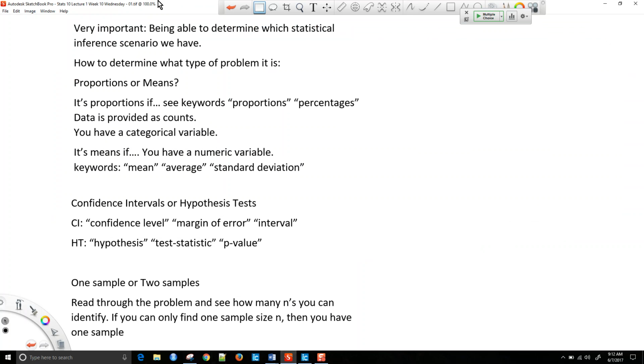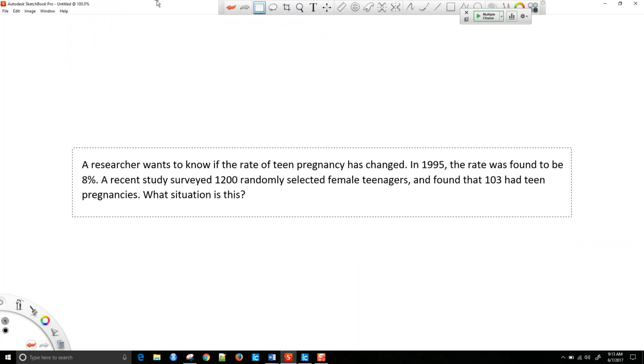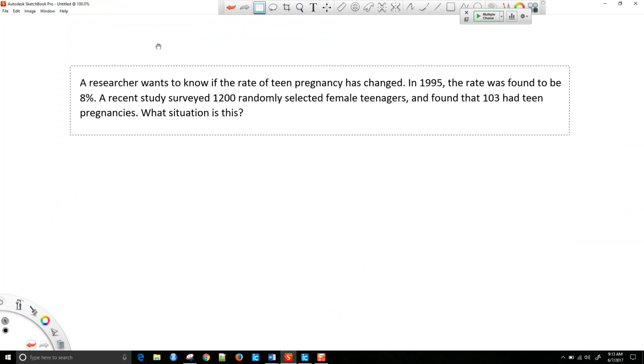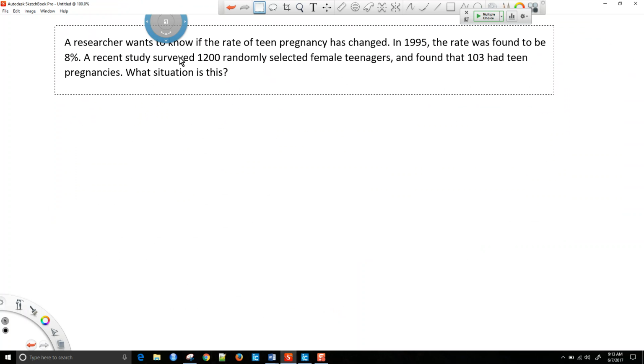Okay. We won't do a clicker question here just yet, but write down: do we have one sample, two samples, means, proportions, hypothesis tests?